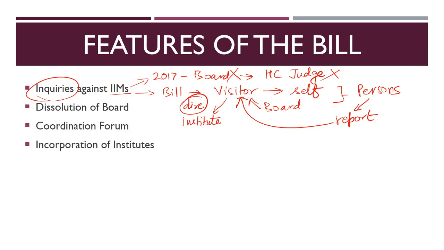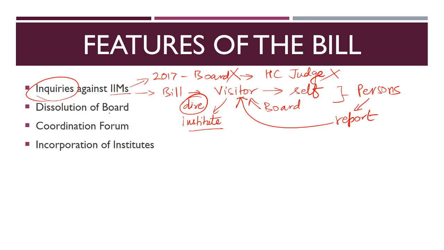These directions are binding on the institute. The institute cannot say that no, we will not be implementing these, because they are binding. So the institute has to implement whatever directions are given by the visitor, not recommendations, because recommendations by definition are not binding. But here we are giving directions which are binding.